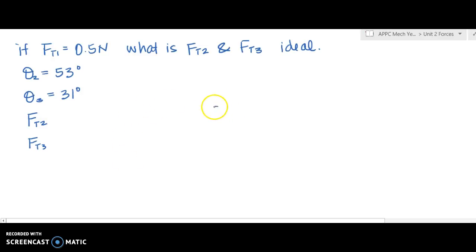Okay, so if we just go back to that original object, and I'll draw it again here. This tension force here was 0.5. We have one over here that's at, not drawn to scale at all, 53 degrees. And then, again, not drawn to scale at all, 31 degrees, and this is FT3.